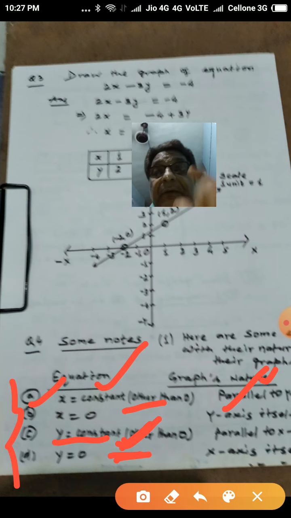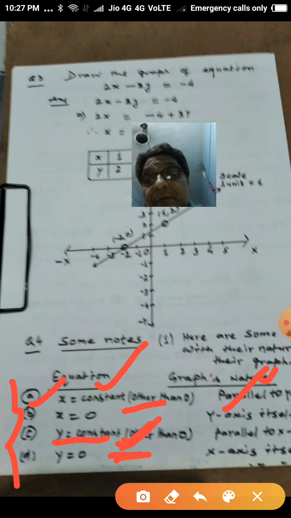So these things we must memorize. And 2 more. So these are for x equal to any constant, and y equal to any constant but other than 0, because in case of 0 the graph is different.